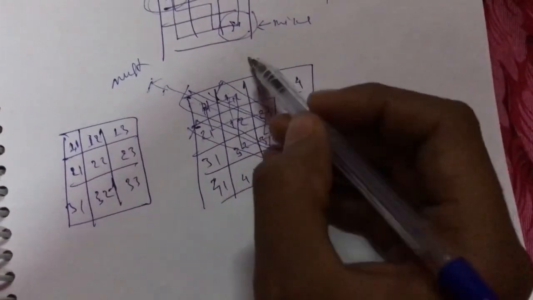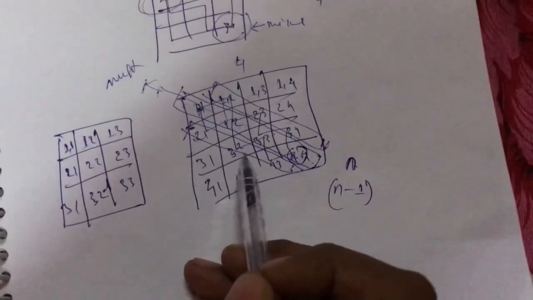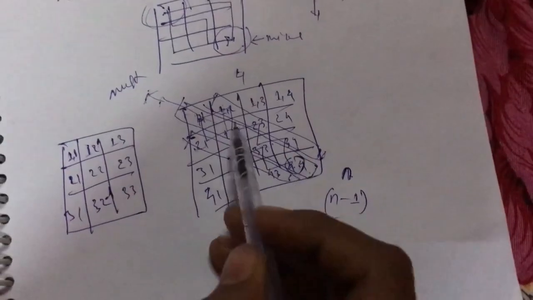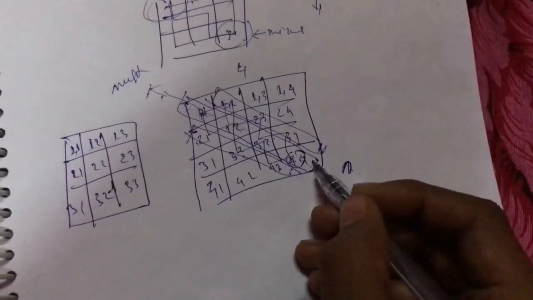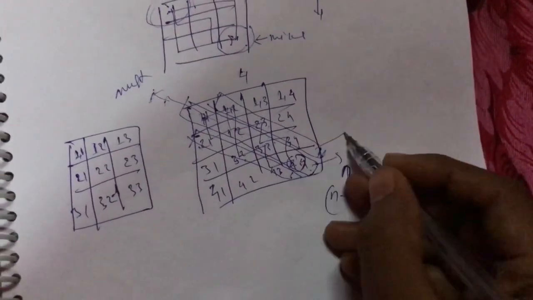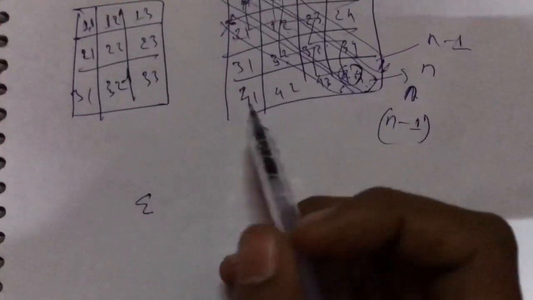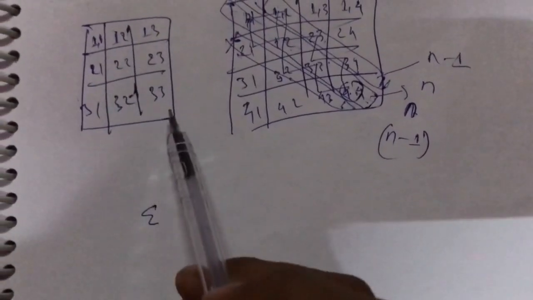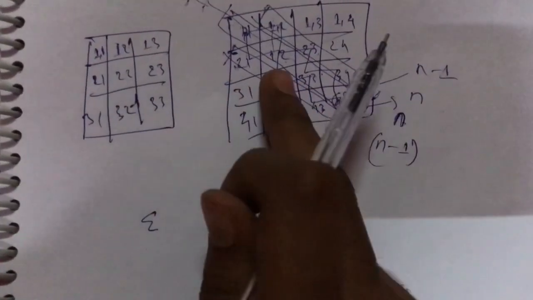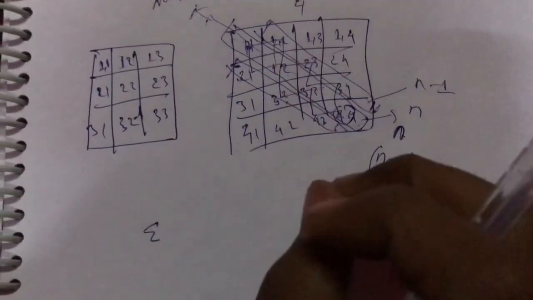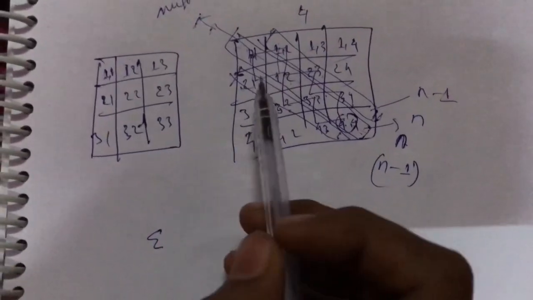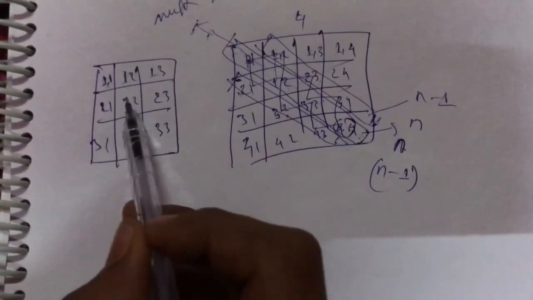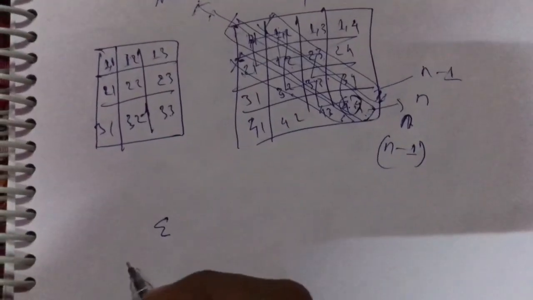If the grid is of size 4, you have 1 2 3, or 1 2 3, but in this one 1 2 3 4. So what I'm saying is that this goes up to n and this goes up to n minus 1. Let me write the indices of the cells through which Eleven is going to reach Mike. What we have figured out is that the optimal way is that in the first step she is going to move this and this. Okay, so let me write the indices.